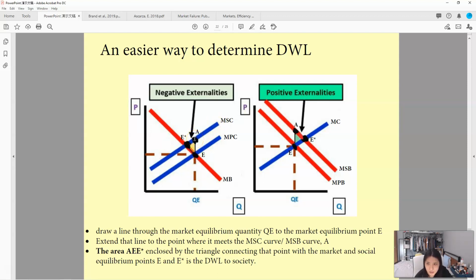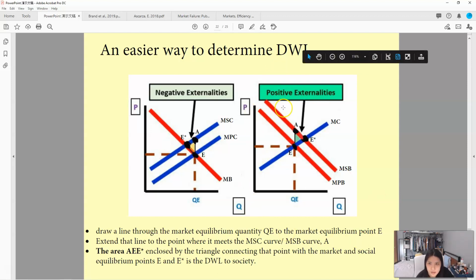The point is A. We connect those 3 points. The triangle enclosed by the market equilibrium, the social equilibrium, and A is our deadweight loss.